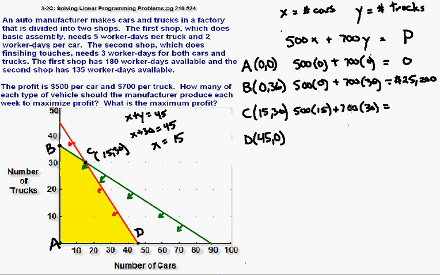So our total is going to be $28,500. And then finally, I have 500 times 45 plus 700 times 0, and this is going to bring in 22,500.